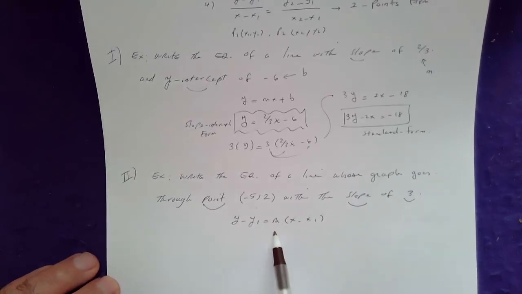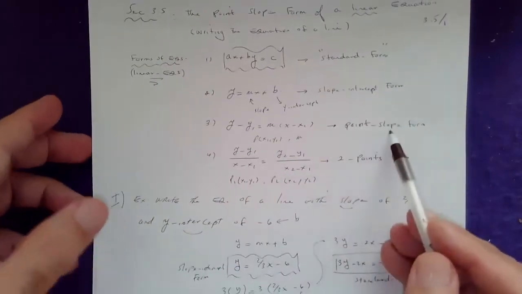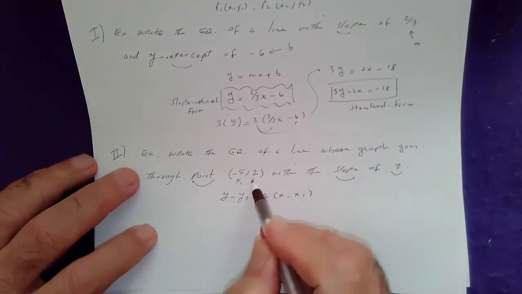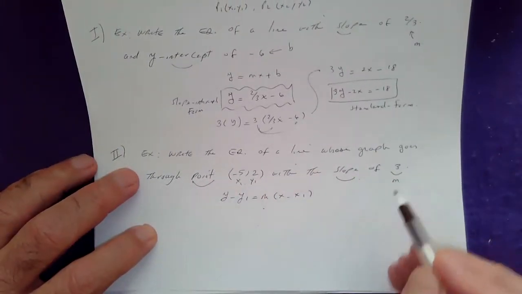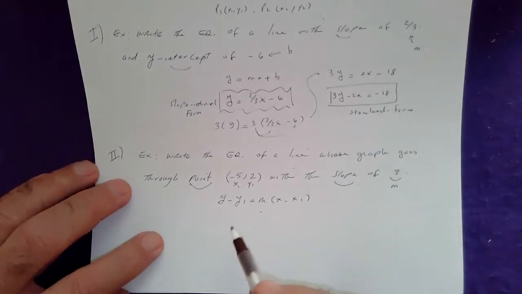Why am I using this form? Because I was given a point and slope, so I have to use the point-slope form, which is equation form number 3. So this is x1, y1, and this is m. All you have to do is substitute, clean up the equation, and you're good to go.